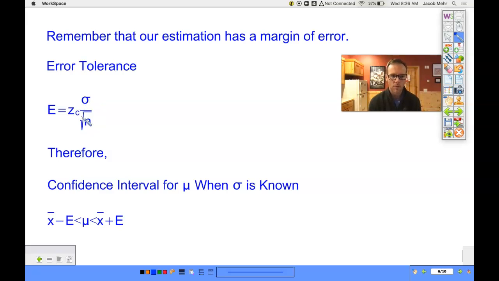Now this might look familiar to you. When have we taken sigma and divided it by the square root of n? That is the standard deviation of the x bars. Okay. So what we're doing is we're taking the z-score that corresponds to our confidence interval and multiplying it by the standard deviation of the x bars. If you think about that for a little bit, that makes sense. Remember that we have an x bar distribution.